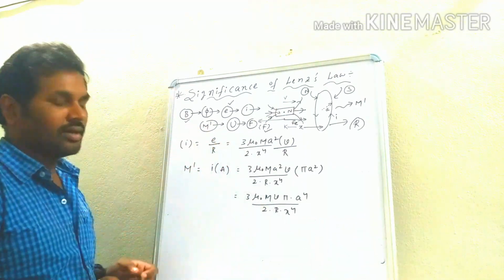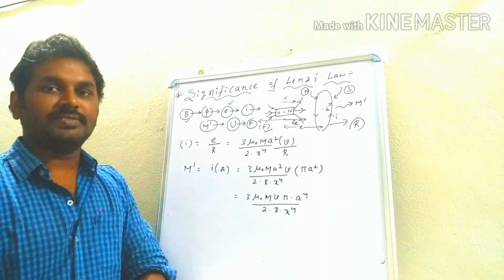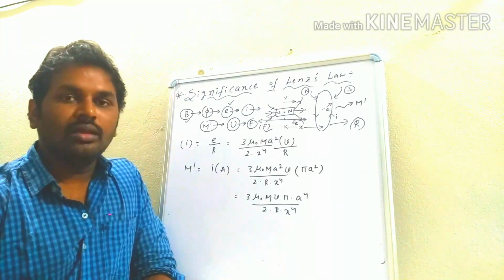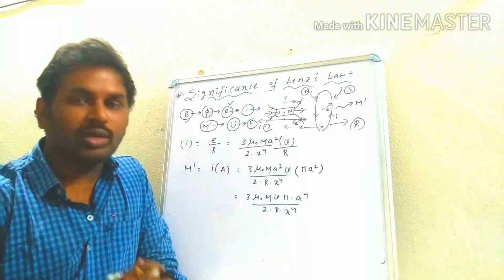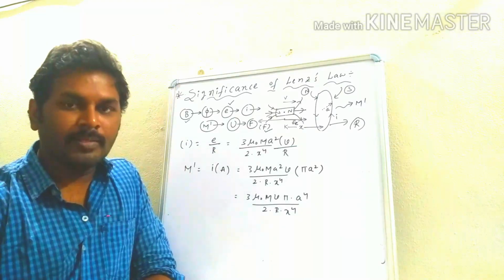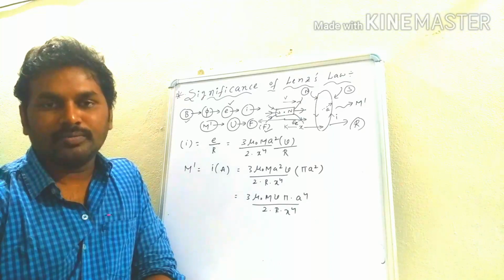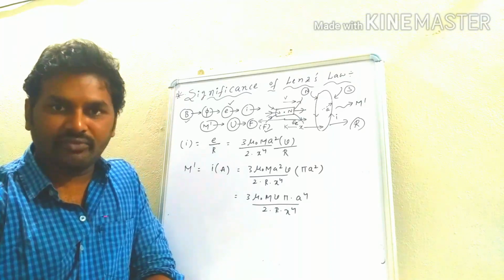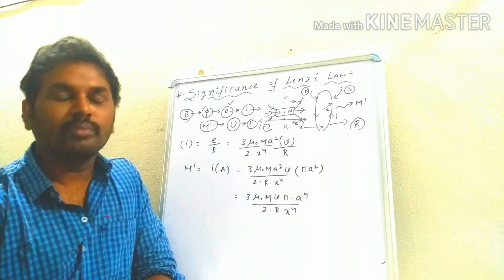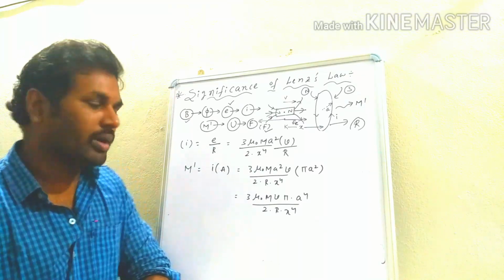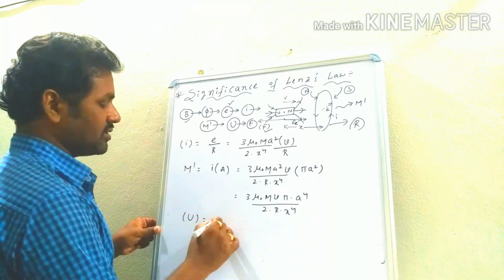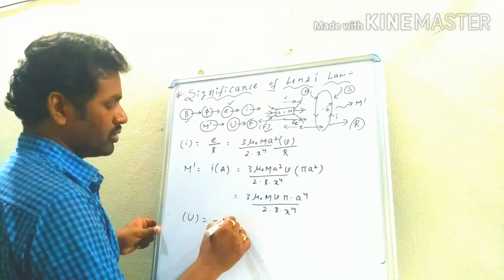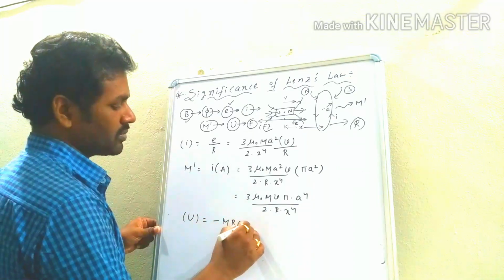And the next one is the potential energy. What does it mean? If any bar magnet or a virtual magnet is placed in an external uniform magnetic field, there exists a potential energy which is given by U is equal to minus M B cos theta.